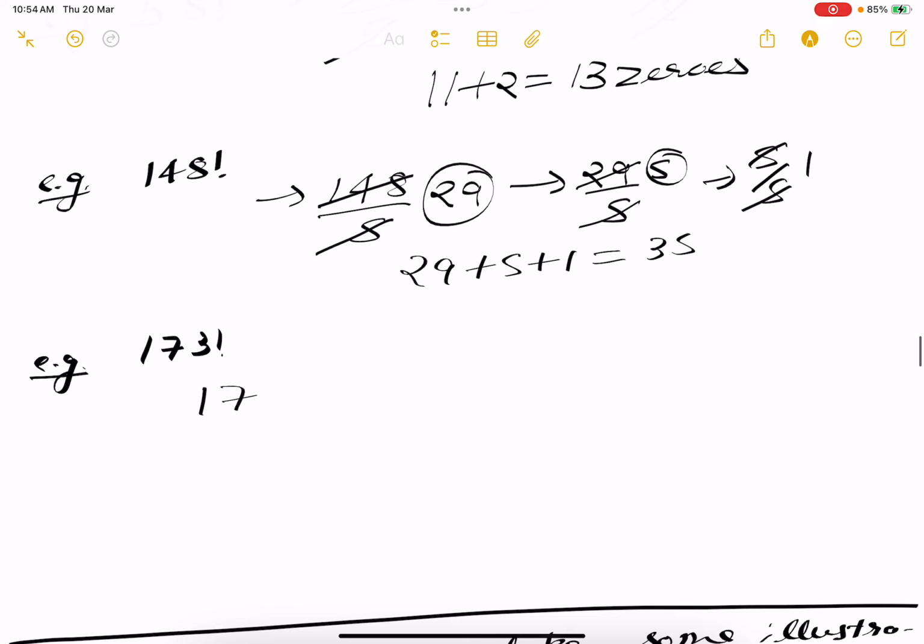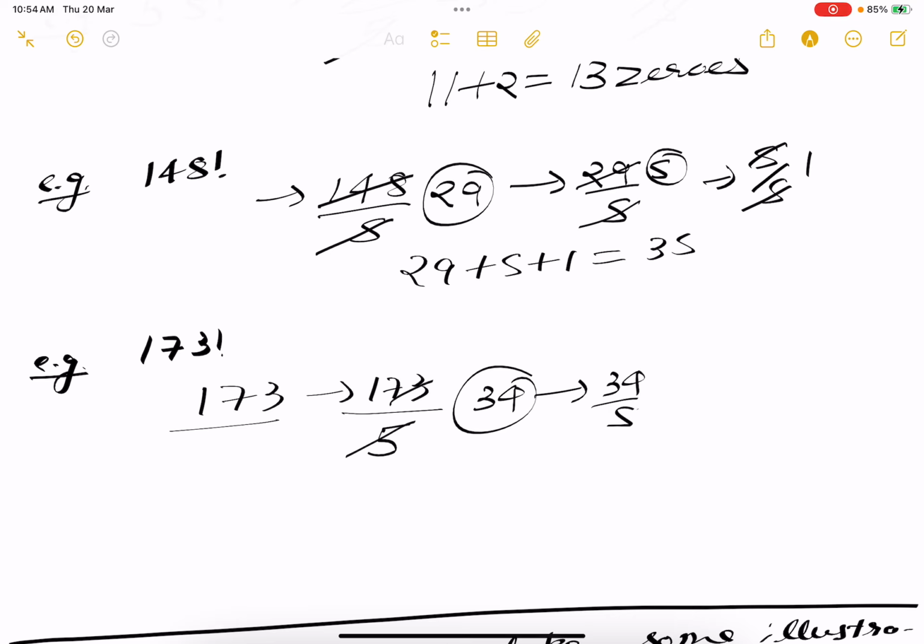Similarly for 173, we'll divide 173 by 5. We get 34 as the quotient. This can be further divided by 5. 34 divided by 5, we get 6. And 6 is further divided by 5, we get 1. So the number of zeros will be 34 plus 6 plus 1, which is equal to 41 zeros.